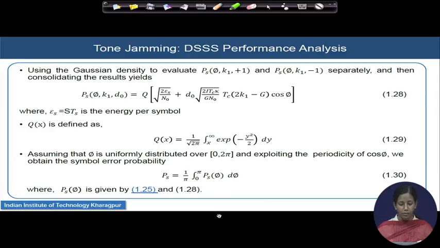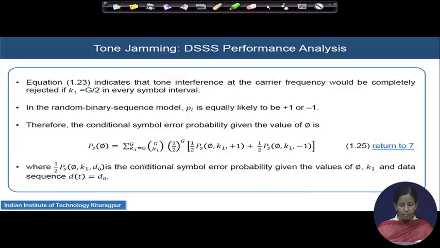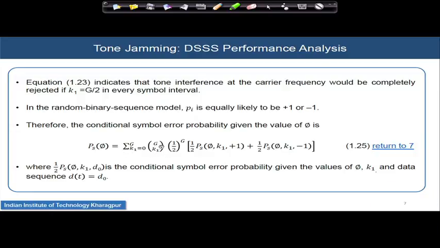And we understand that cos phi is periodic. So, we can give the final symbol error probability Ps as an integration running over 0 to pi of Ps phi. Ps phi is given by the equation here, where it is a function of the total number of samples considered, and also has the contribution of the conditional symbol error probabilities.